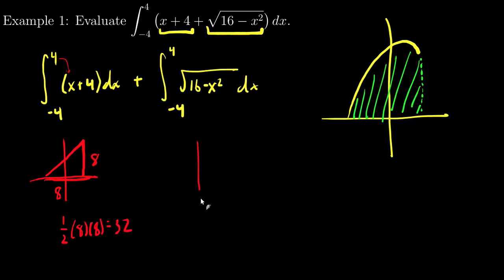This right here is a semicircle with radius 4. And so the area of this is going to be 1/2 pi times 4 squared, which is going to be 8 pi. And that means that this whole integral is going to be 32 plus 8 pi.